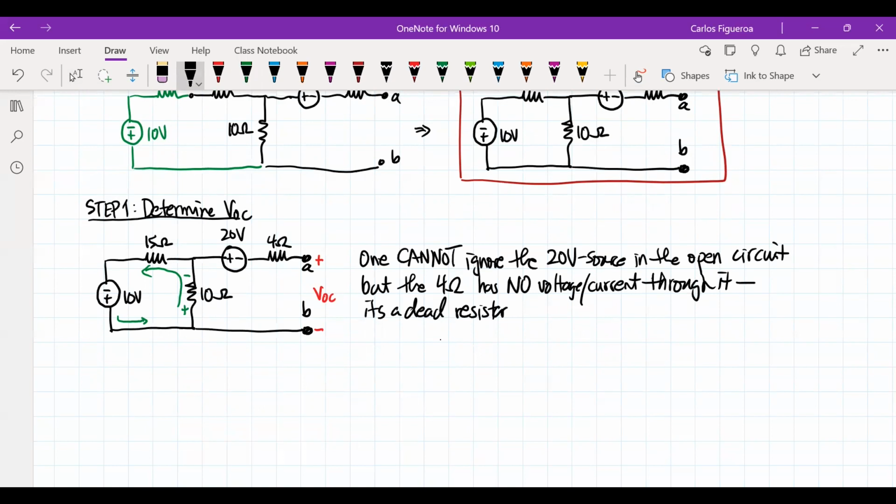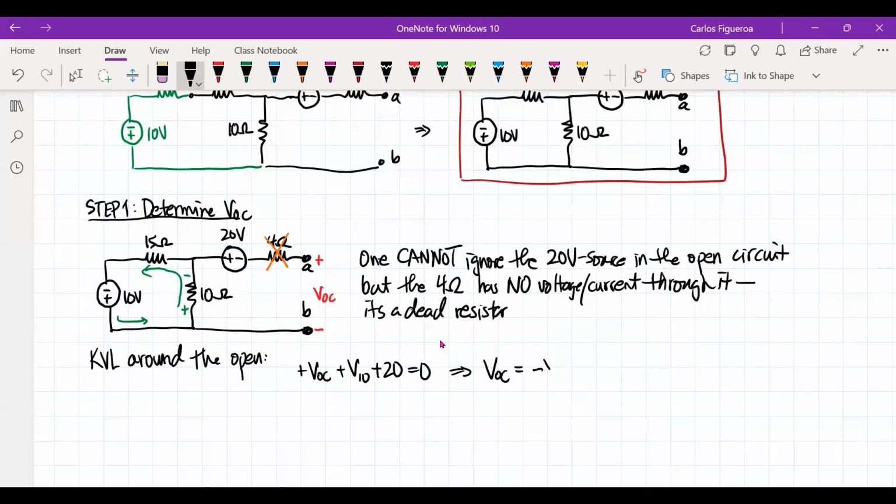So if I look at KVL around the open loop, remember this resistor is dead because it's open. If I look at my polarity, going down I get positive VOC, positive voltage across the 10, positive 20, and that's equal to 0. So VOC is then going to be minus V10, minus 20.